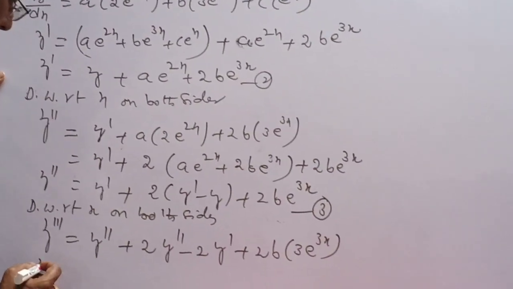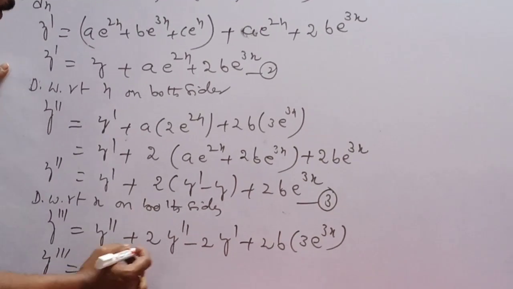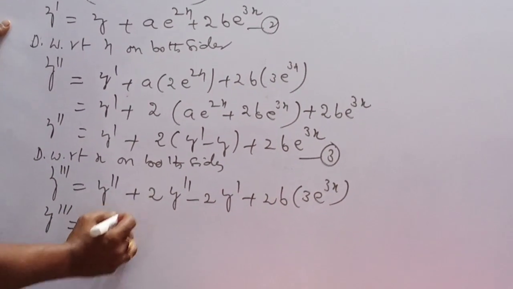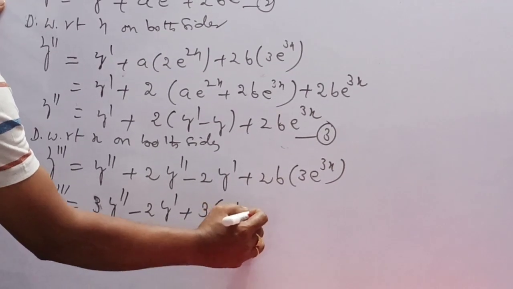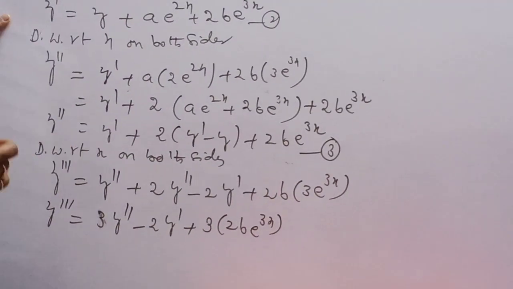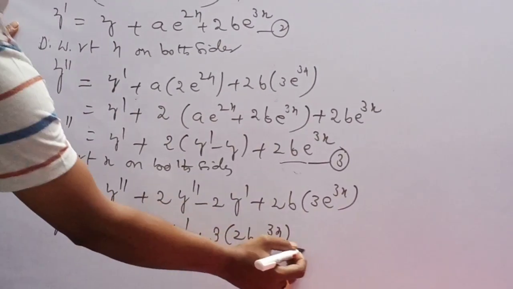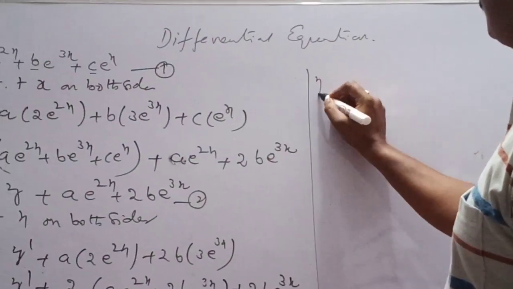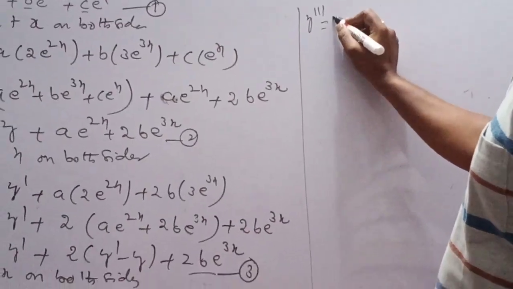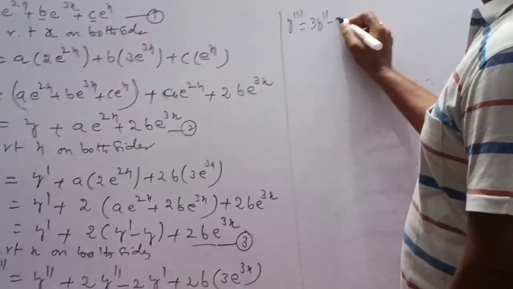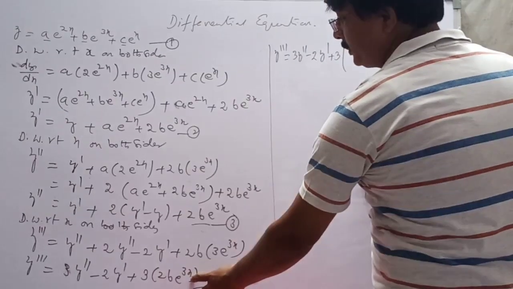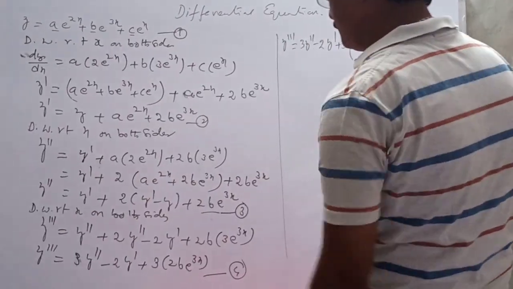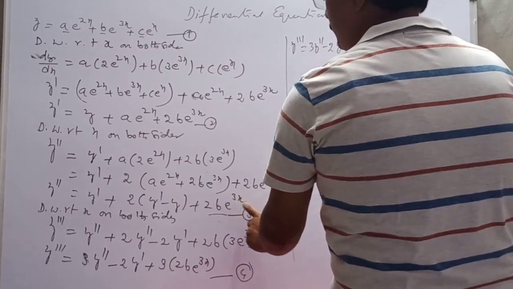So simplify: y''' equals 3 times y'' minus 2y' plus 3 times 2b e^(3x). Take the 2b e^(3x) value from equation 3.